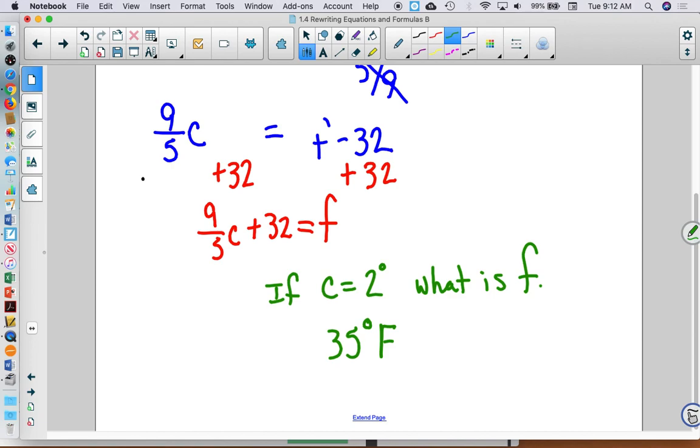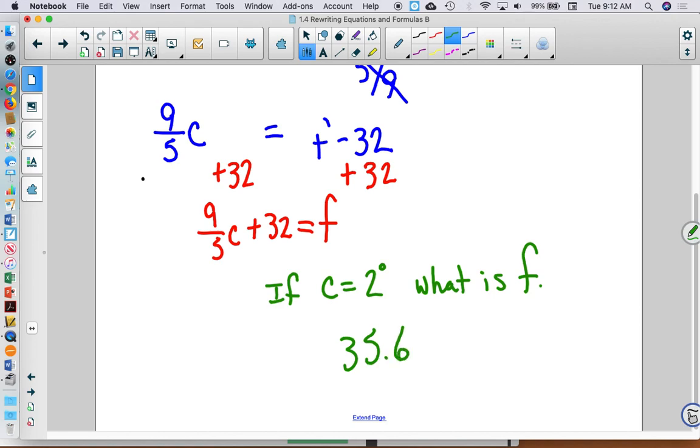Was it 0.6? It was 3/5, but that's 0.6. You should say 35 degrees and 6/10, if you're going to be accurate, because it didn't ask for an estimate.